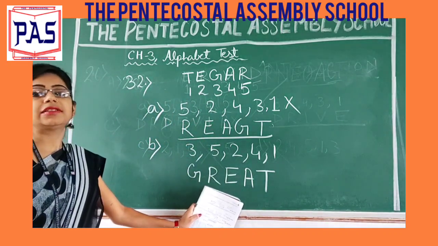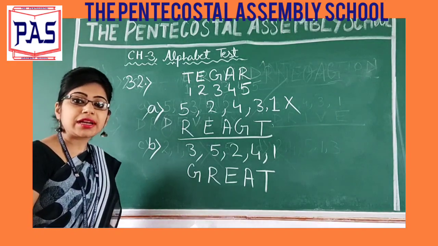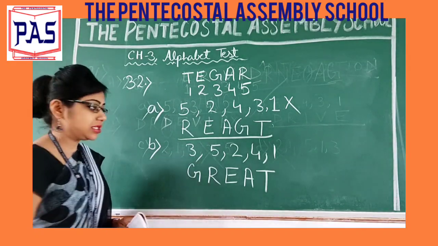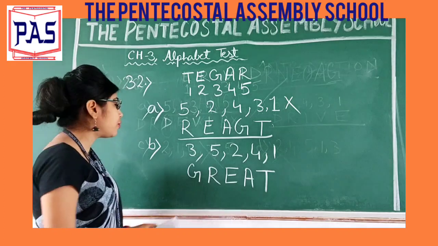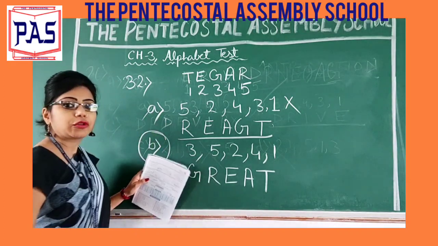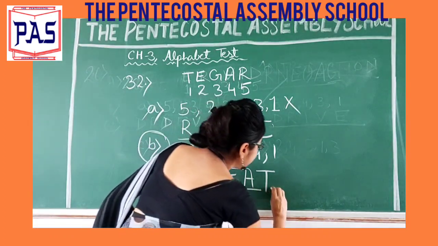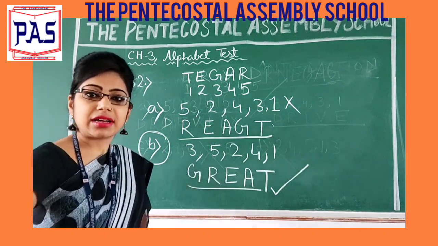Yes, this is a meaningful word. So, there is no need to check other options because we get our answer from option B. So, your answer for question number 32 will be option B. Great is the correct answer.